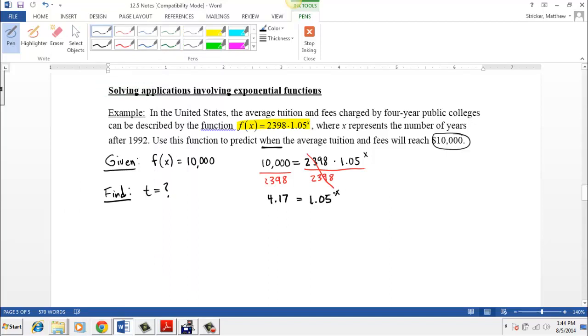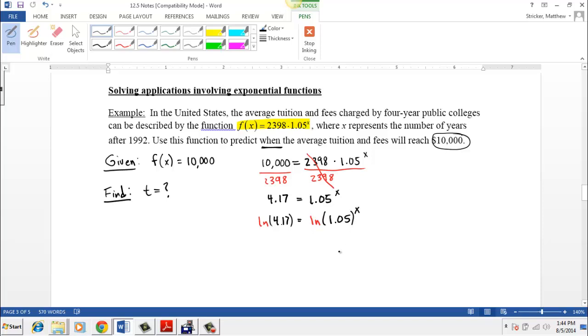And then how do we get at this x? What's our tool? Take the ln of both sides. We have the ln of the left side and the ln of the right side. ln of 4.17 equals the ln of 1.05 to the x.